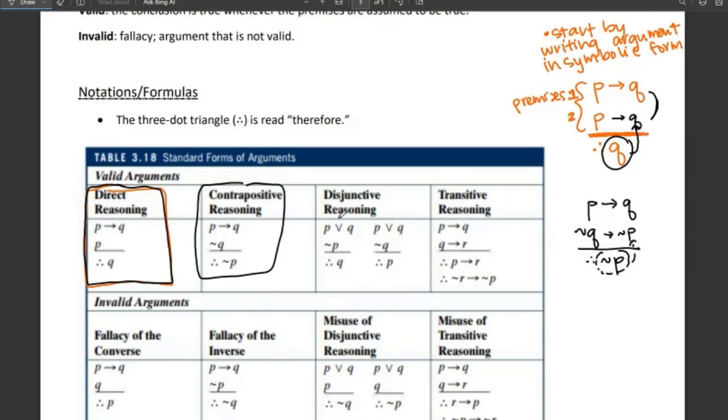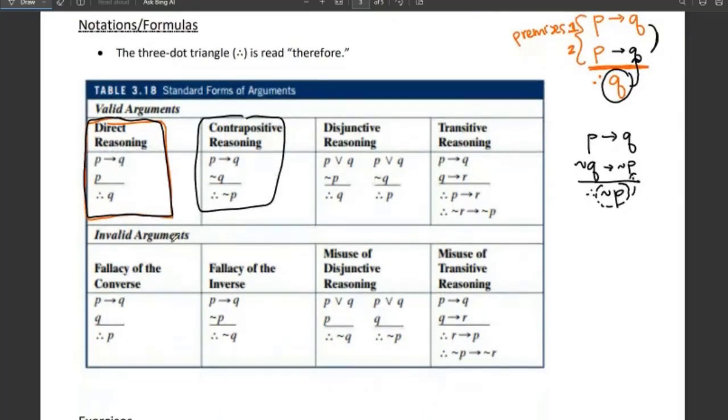And then we have a couple others, disjunctive reasoning and transitive reasoning. So I'm going to get into more of these in some of the exercises. And then down here, we've got invalid, we've got the converse and the inverse. And then we have some other examples of invalid arguments over here.